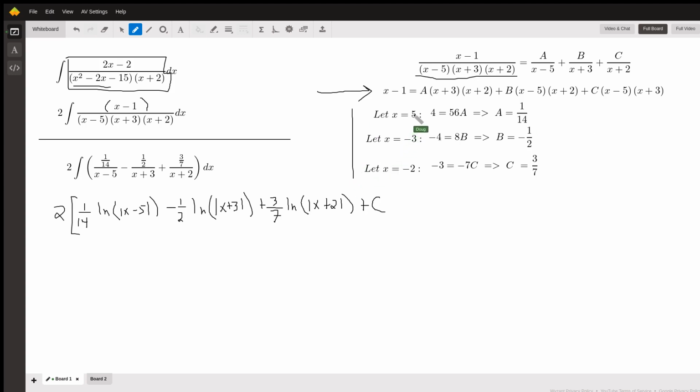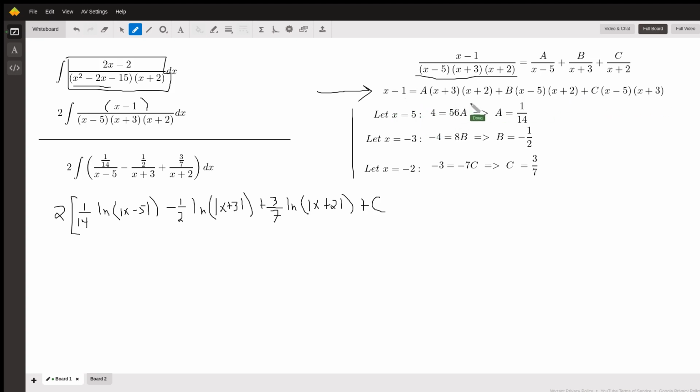We let x equal 5 everywhere in this statement. For example, the second two terms on the right become 0. And we get 4 equals 56a, so a equals 1/14th. And similarly, if we had let x equal -3, the first and the last terms turn to 0.